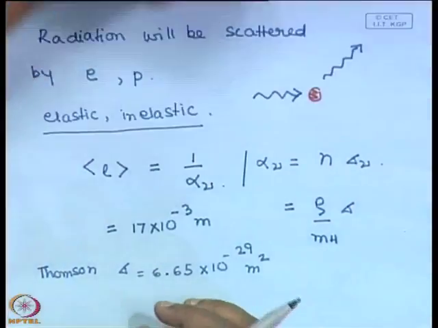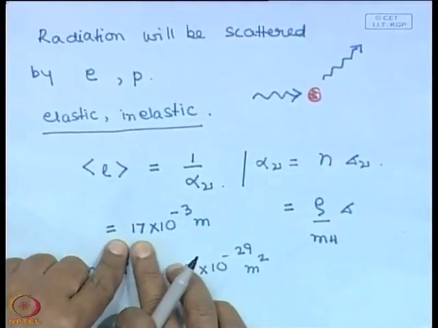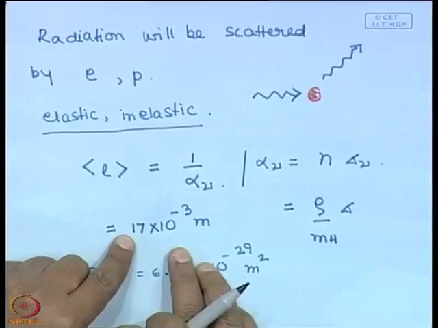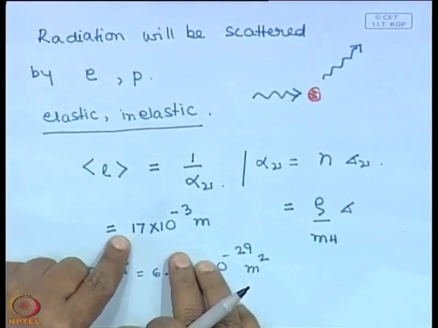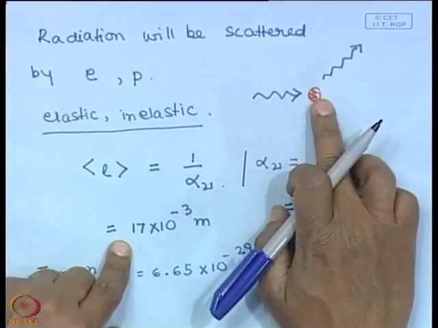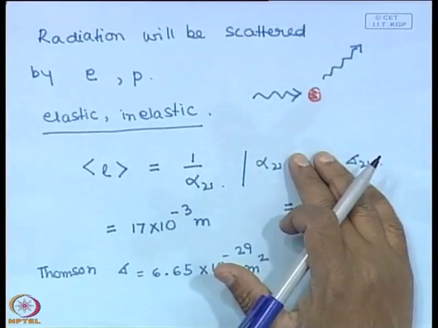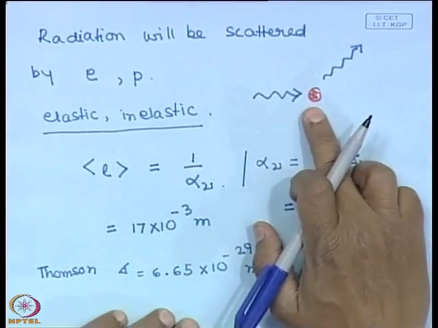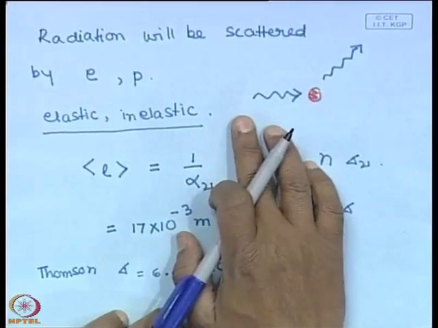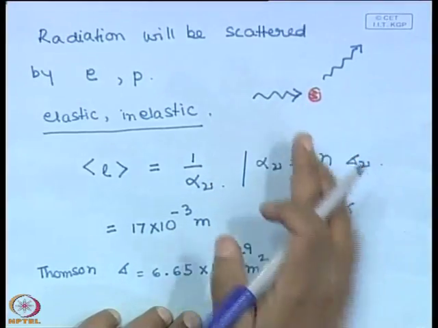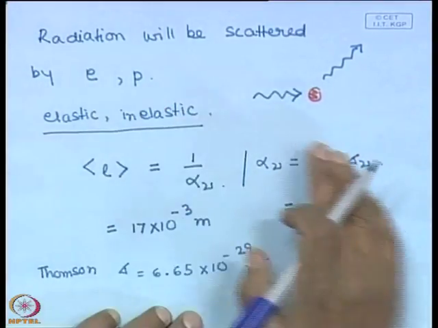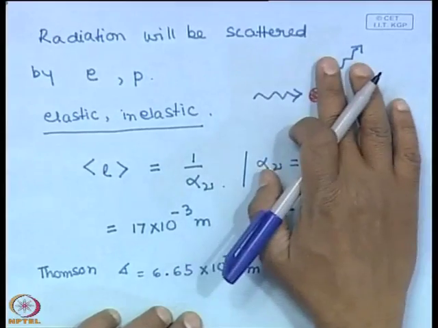It can only propagate around a centimeter before it gets scattered by electrons. And as a consequence of this scattering, the photon that is propagating outwards will, after scattering, be propagating in some other random direction.